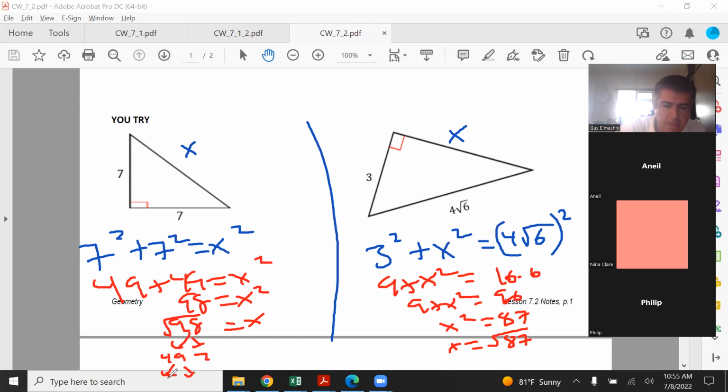And 49 can be broken down as 7 and 7. So you can write this as 7 root 2. However, root 87 gets broken down like this, 3 and 29, which are both prime and are not repetitive. So you just say root 87 for that one. So again, those are exact answers. Those are the answers for those two. I'll give you guys a moment to copy it down.